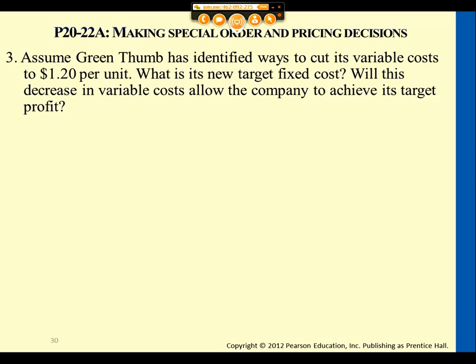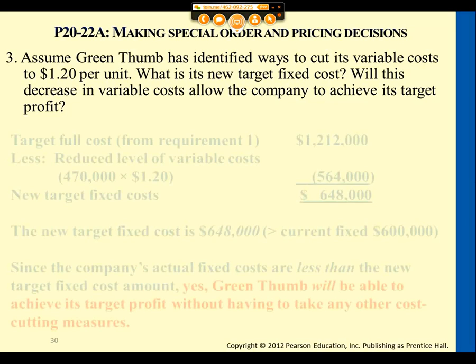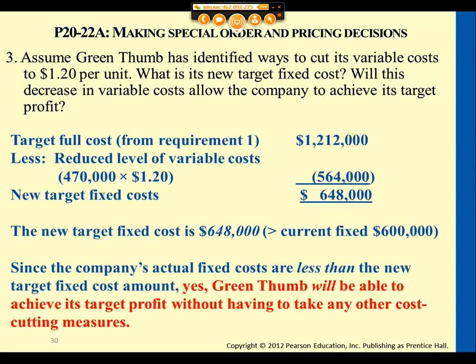Yes, that's right. So what is the new target fixed cost? This is the difference, right? 648,000. Okay, so it's higher than the current fixed.